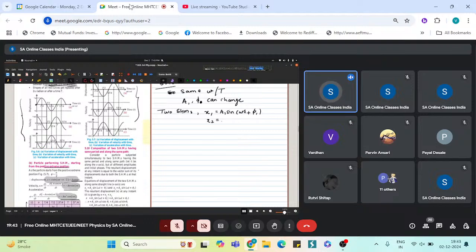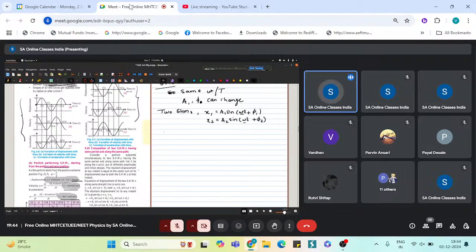And x2 we can write as A2 sin(omega t plus phi 2). You have to take note that these omegas are same. The formulae that we are going to derive only apply if your frequency is same for both of the SHMs. Otherwise, you'll have to find a more complicated equation to denote the resultant motion.